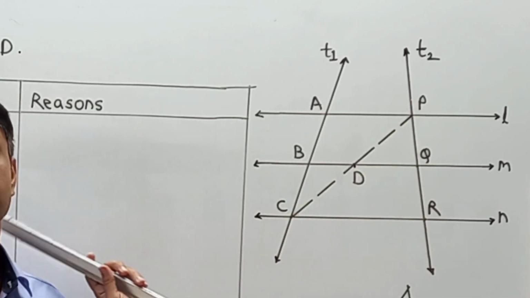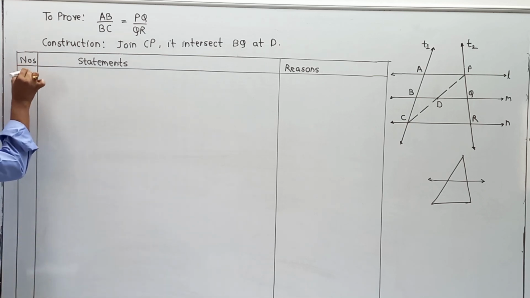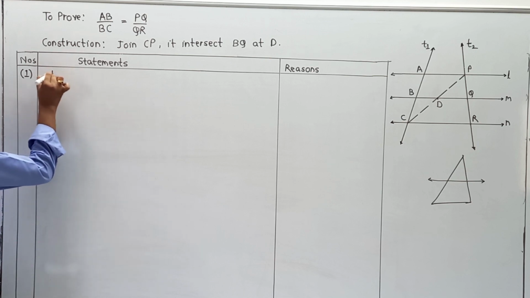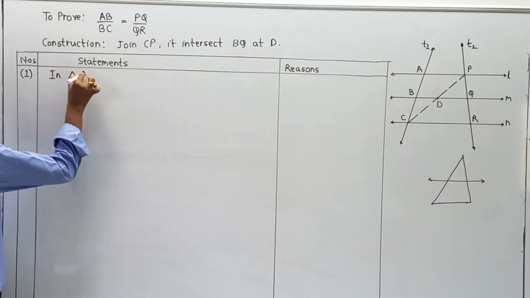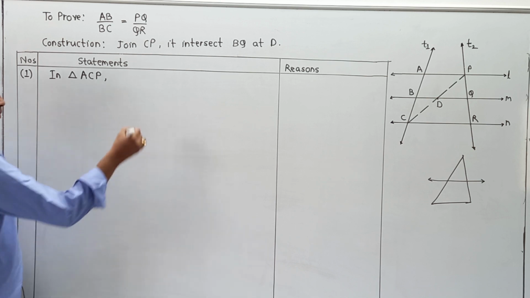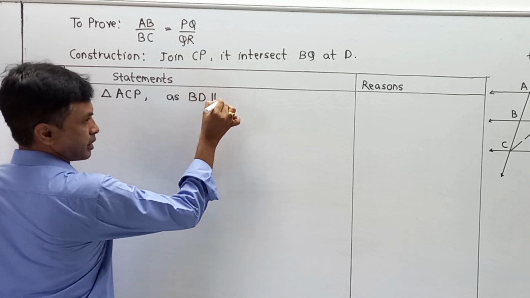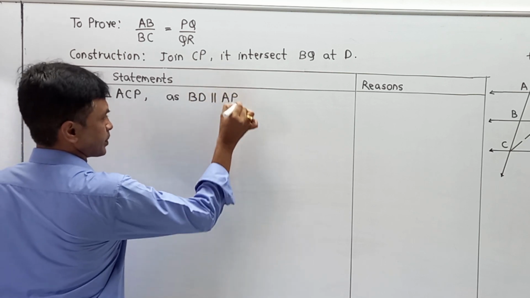Now how to write? Please pay attention over here. Here, one by one, the first part: in triangle APC, one by one, they have given BD parallel to AP.